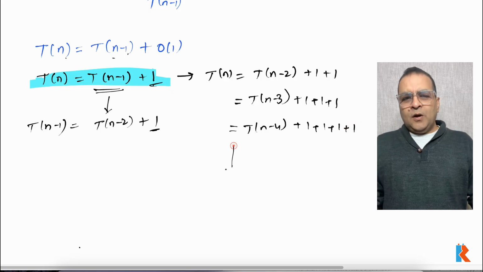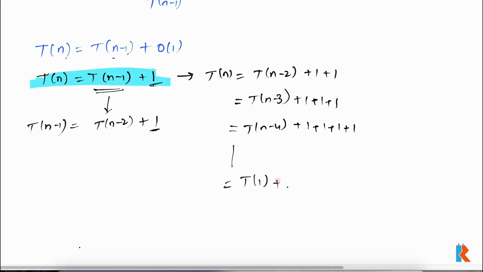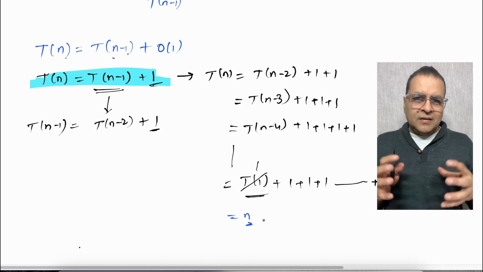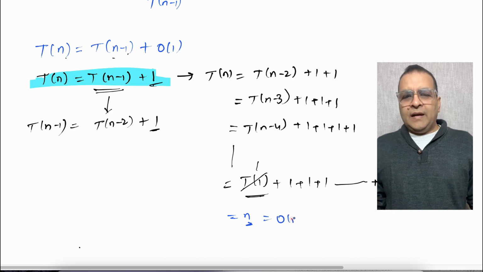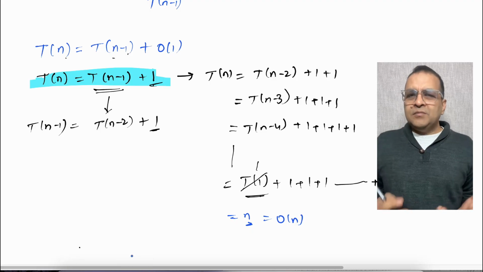If you keep on doing it, this is equal to T of 1 plus 1 plus 1 plus 1 and so on, n minus 1 times. Because T of 1 is constant, this is again 1 plus 1 plus 1 plus 1, n times, and this is equal to n. When we say n, it essentially means n into some constant or big O of n. This is the substitution method.